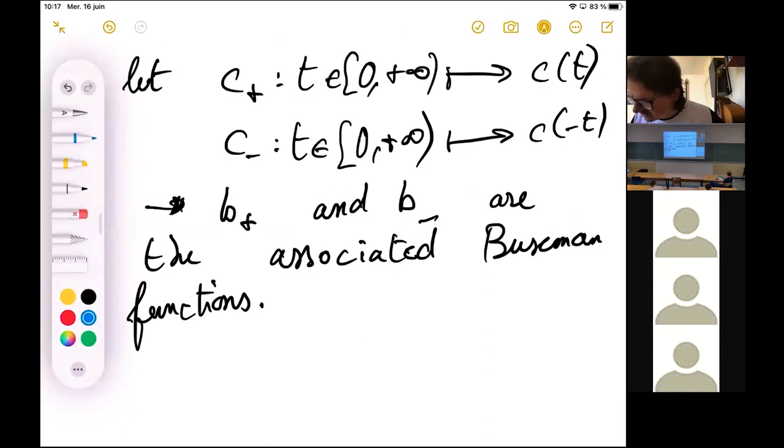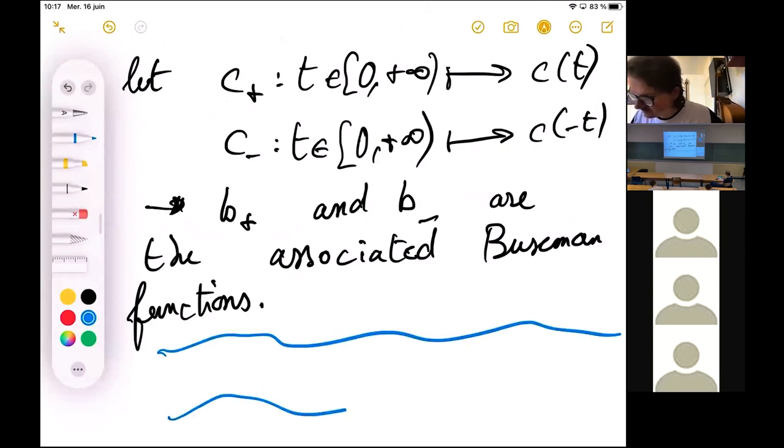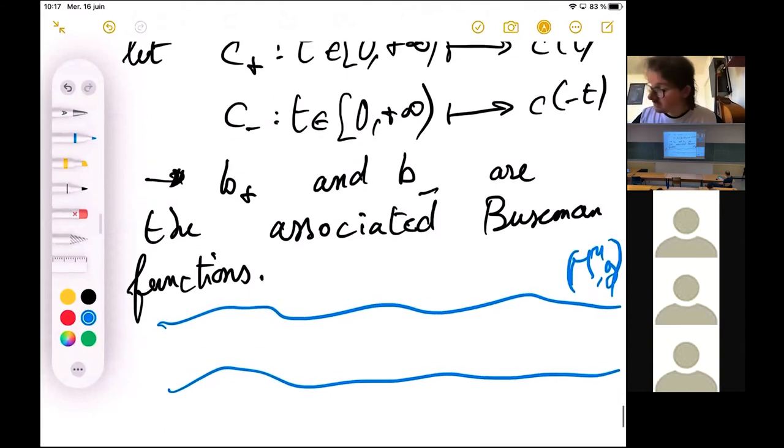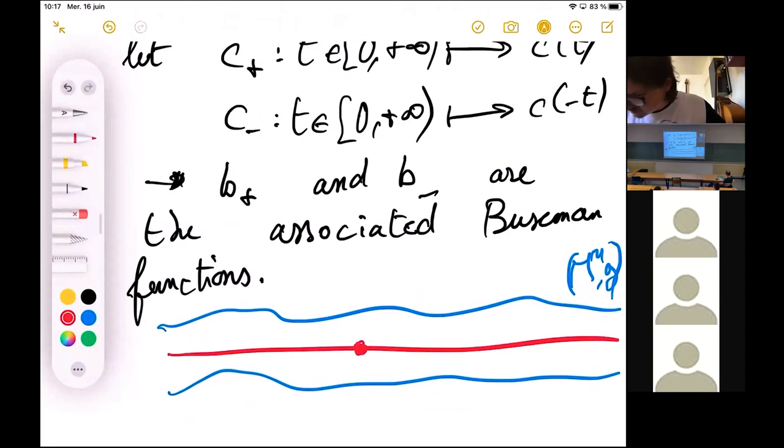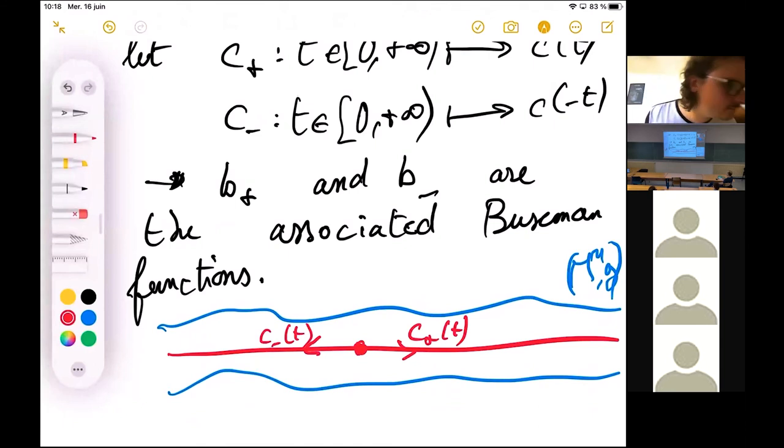It's pretty hard to draw something to illustrate the proof. We have like this line here that we split into c plus of t here, c minus of t in that direction. Okay.